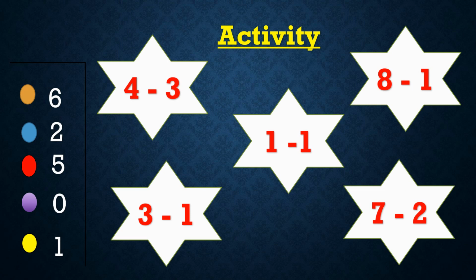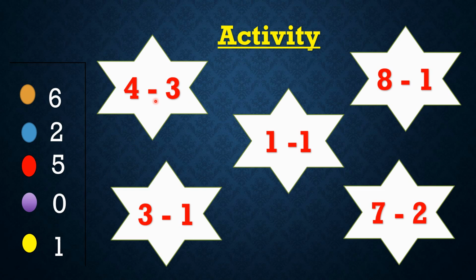Now, activity time. Children, here some stars are given. On each star, some numbers are given. Example, 4 minus 3. 4 minus 3 is equal to 1. So you can color this star yellow.